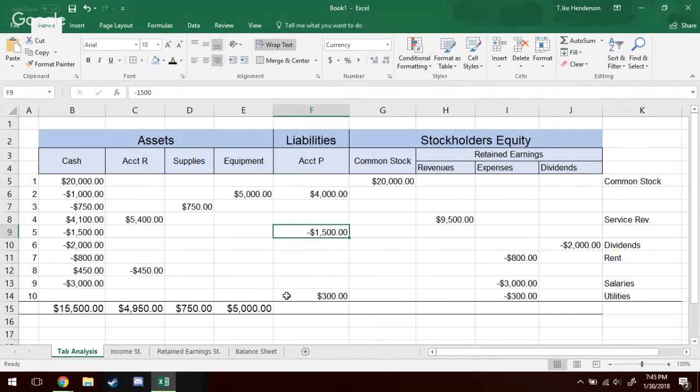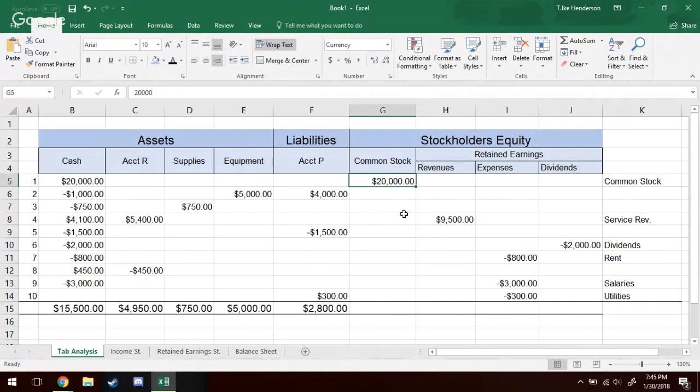And finally, adding $300 as it appears that we paid for utilities on account. So once again, that's $4,000, subtract $1,500, plus $300. Following along on your calculator, you should be getting $2,800. And that finishes up liabilities. On to stockholders' equity.